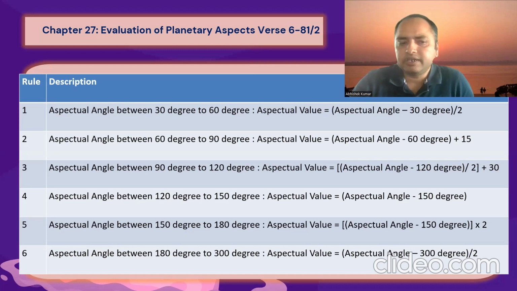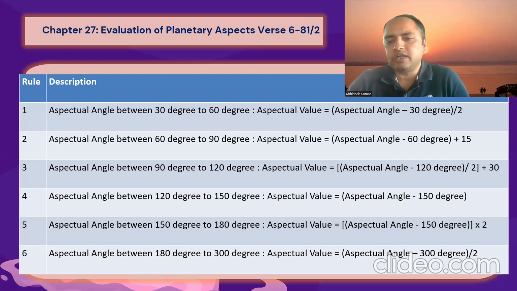Next rule, if the aspectual angle is between 150 degrees to 180 degrees, you again subtract 150 degrees from the aspectual angle and divide the resultant by 2.